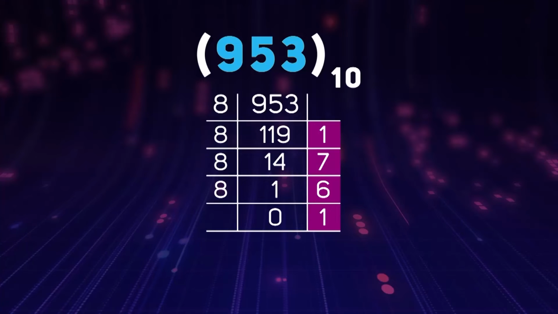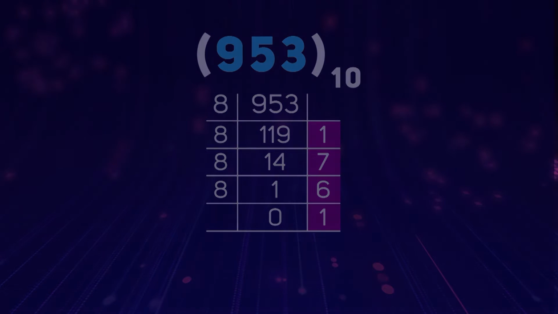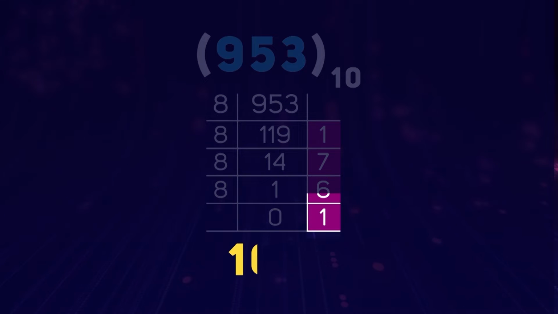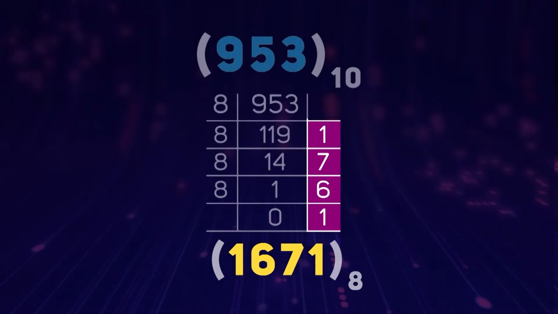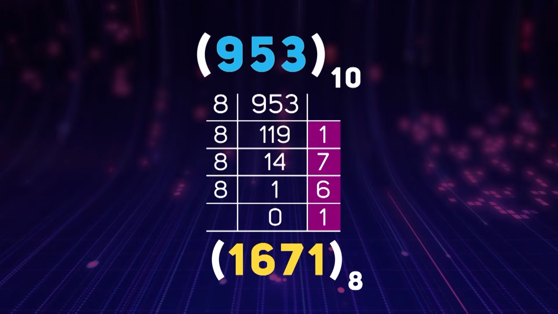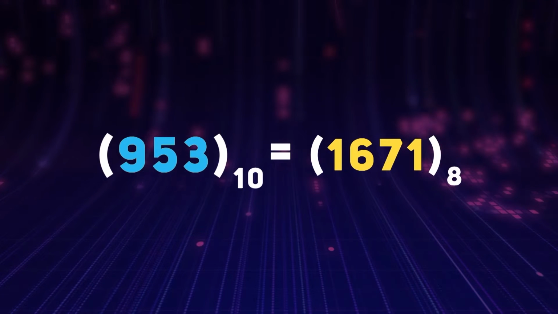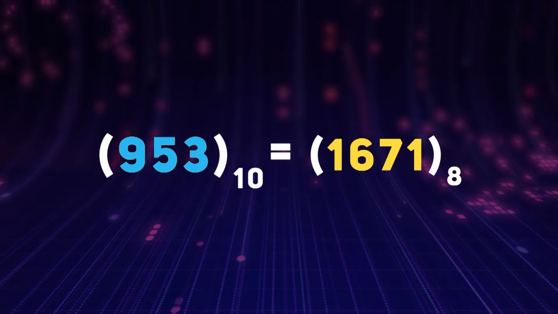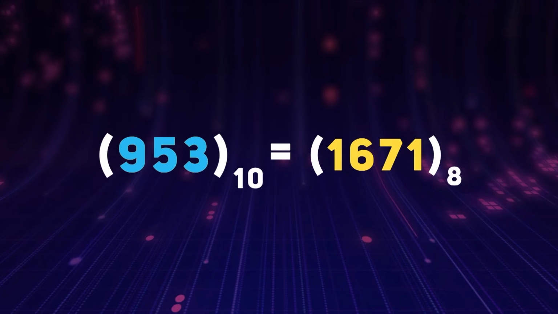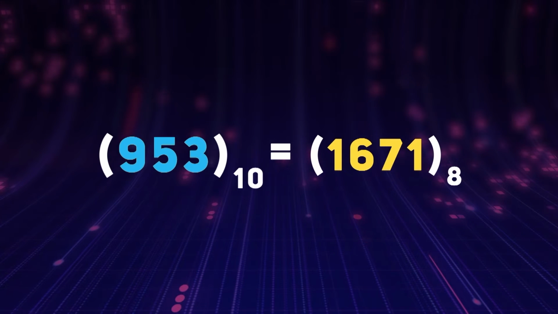While dividing the number, we have noted the remainders from top to bottom. Now read it from bottom to top: 1, 6, 7, 1. We get the octal equivalent of the number. Hence, 953 to the base 10 is equal to 1671 to the base 8.